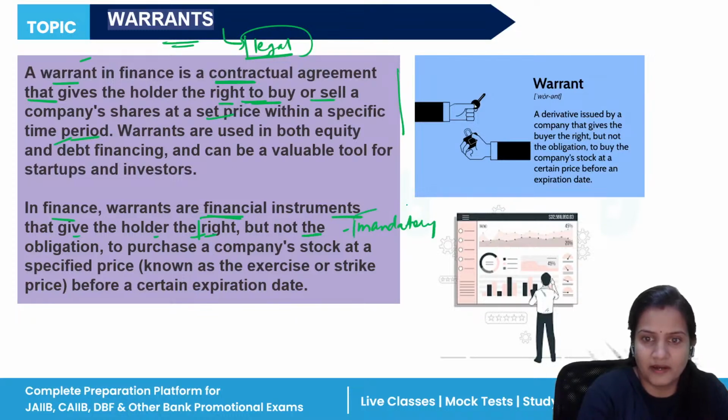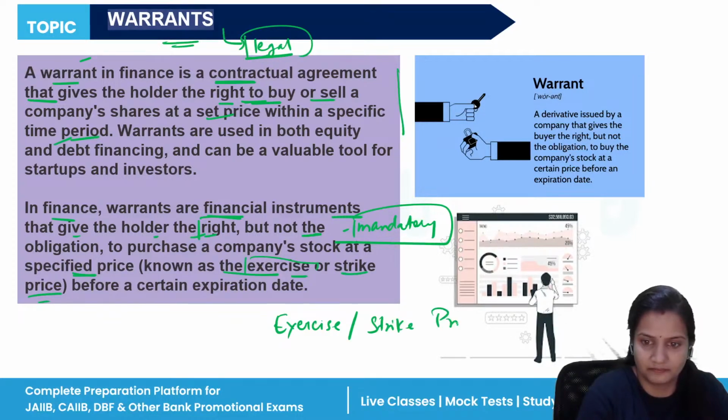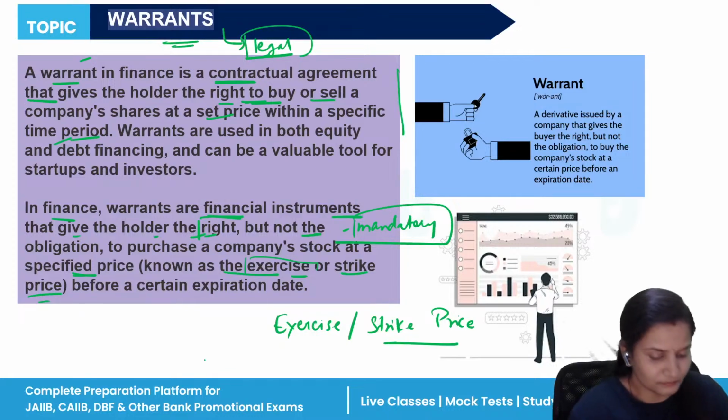It depends on them whether they want to buy the share or sell the share. To purchase a company stock at a specified price at a specified time, which is also known as exercise or strike price. This is very important: exercise or strike price.